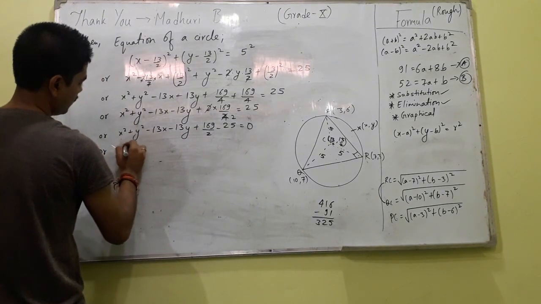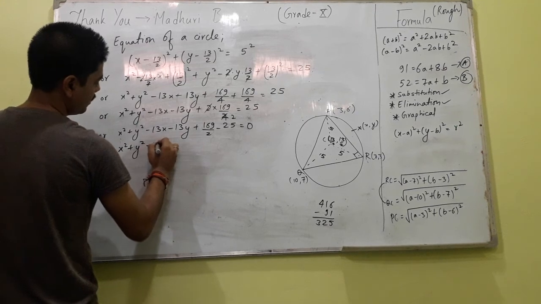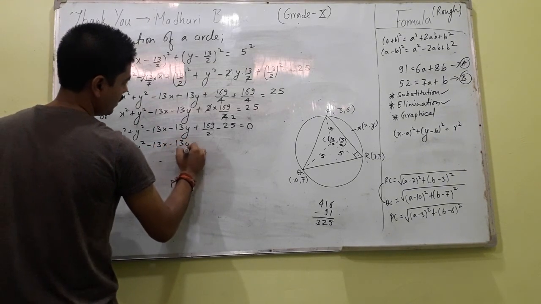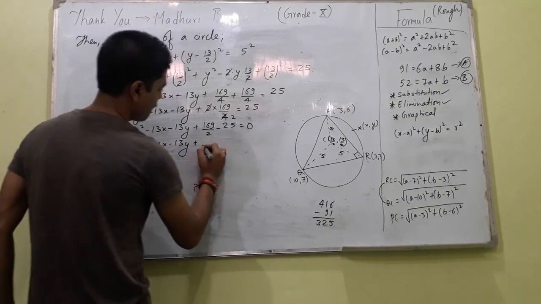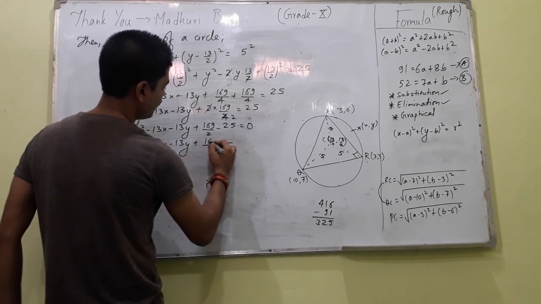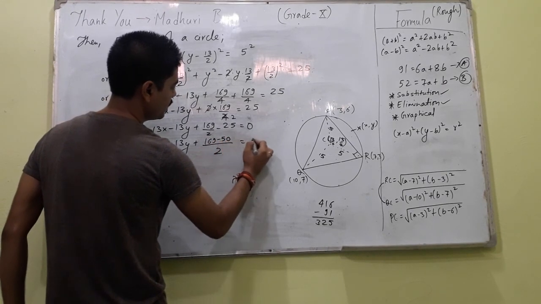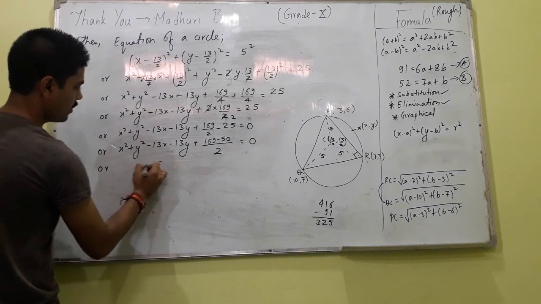Or x square plus y square minus 13x minus 13y plus, taking 2 as LCM, 169 minus 50, over 2, equals to 0. You can copy as it is.